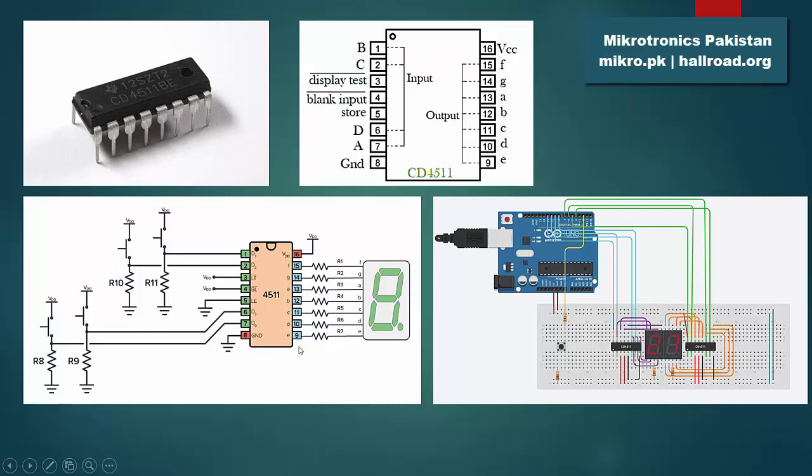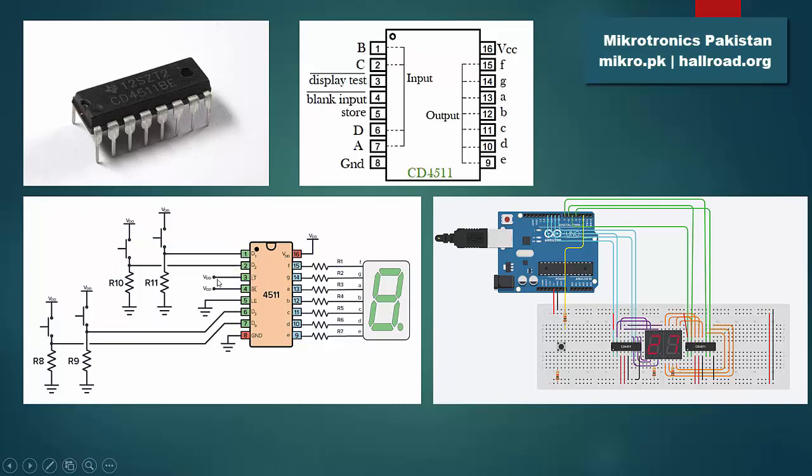Like in this circuit, they have shown that these pins have been connected to the seven segment display, and that these BCD inputs have been connected through switches, so that when you press a switch, this pin will become one, and when you release the switch you will get zero from this resistor.